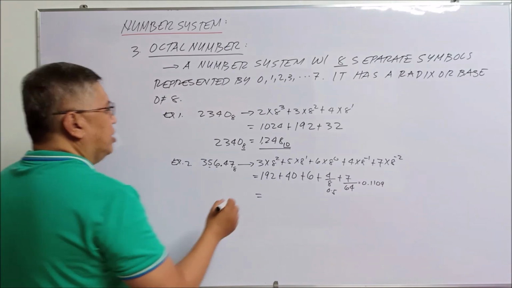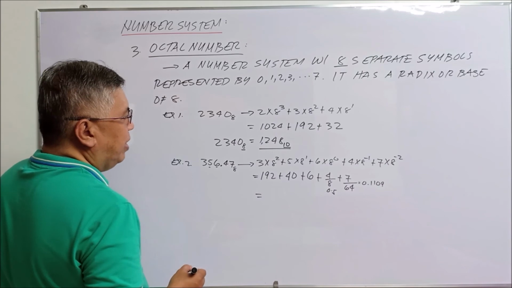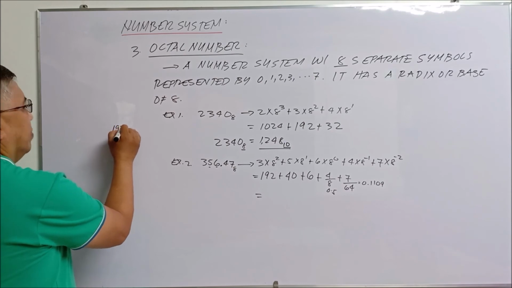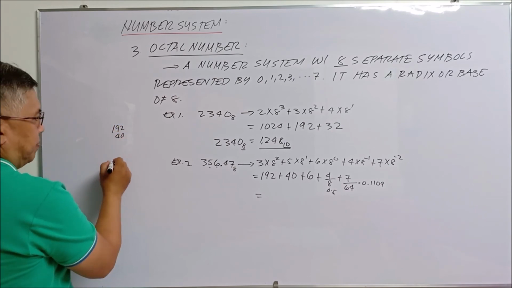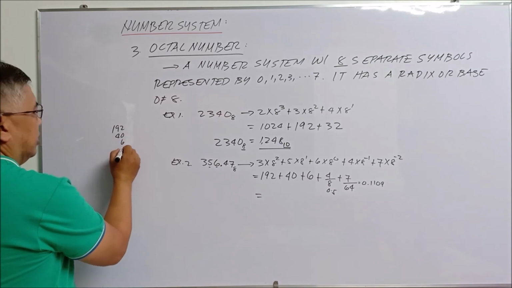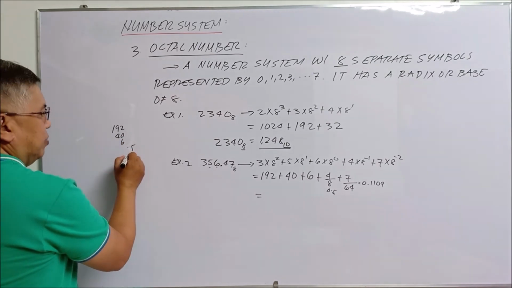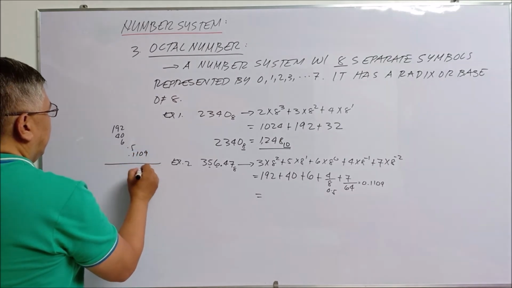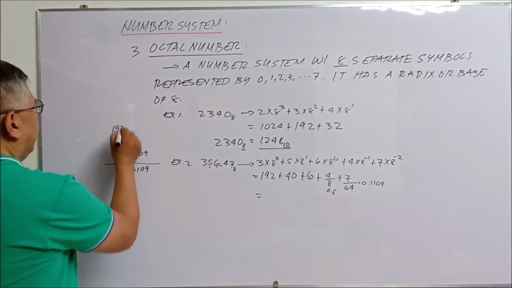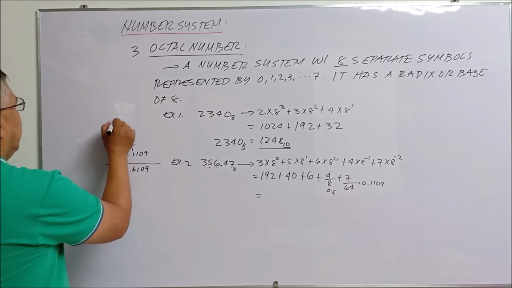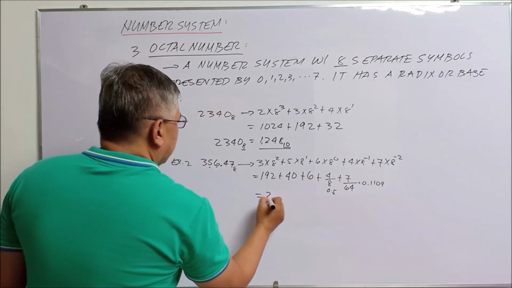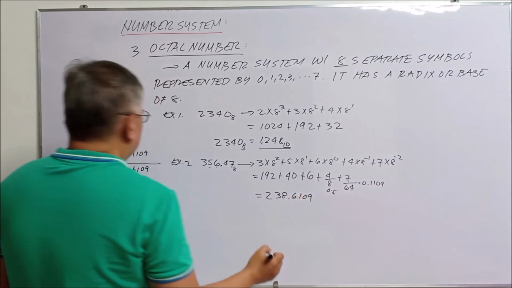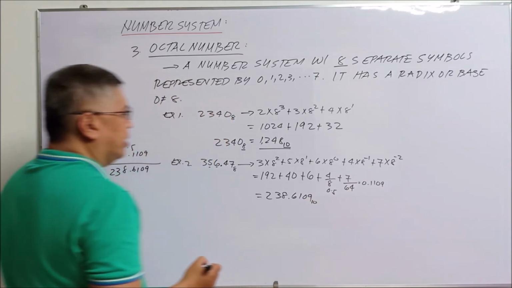So when you add these, the result will be 192 plus 40 plus 6 plus 0.5 plus 0.1109, which gives 238.6109 of base 10.